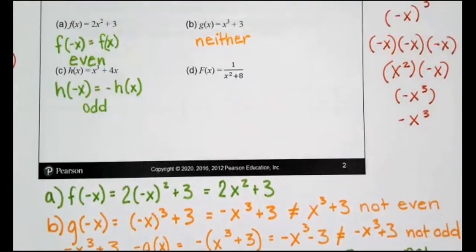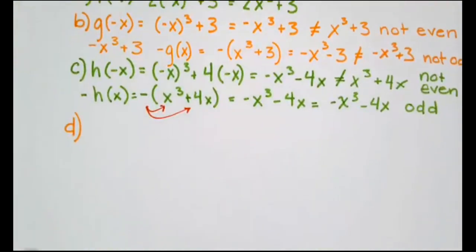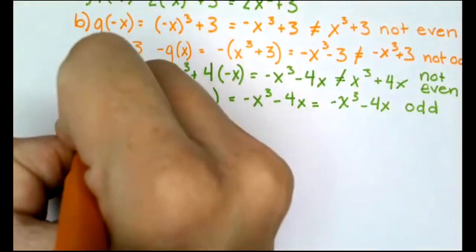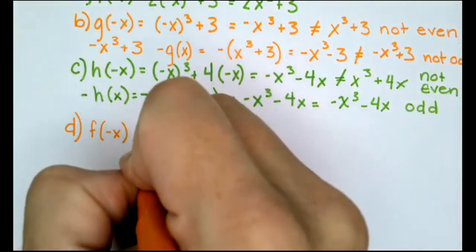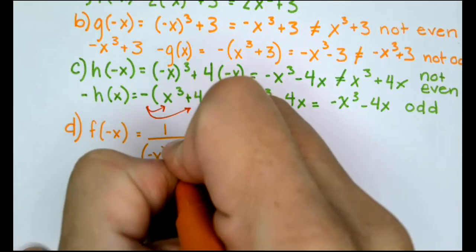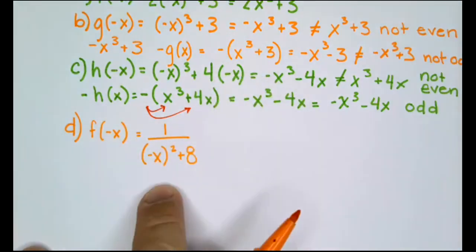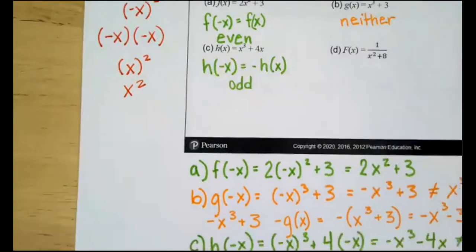All right, letter D. F of x is 1 over x squared plus 8. So f of negative x will be 1 over negative x squared plus 8. Negative x squared is just x squared.